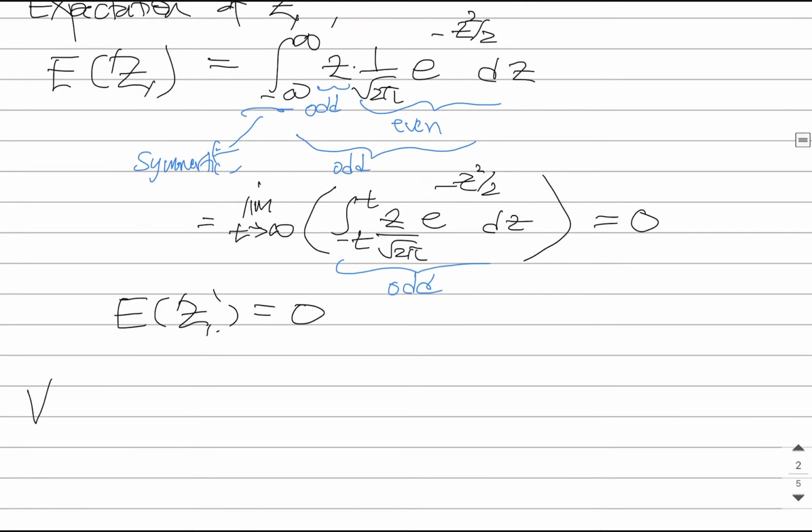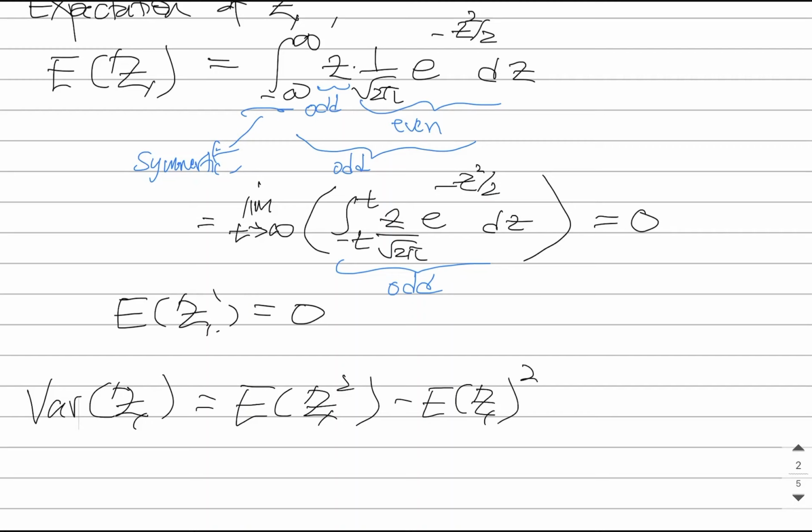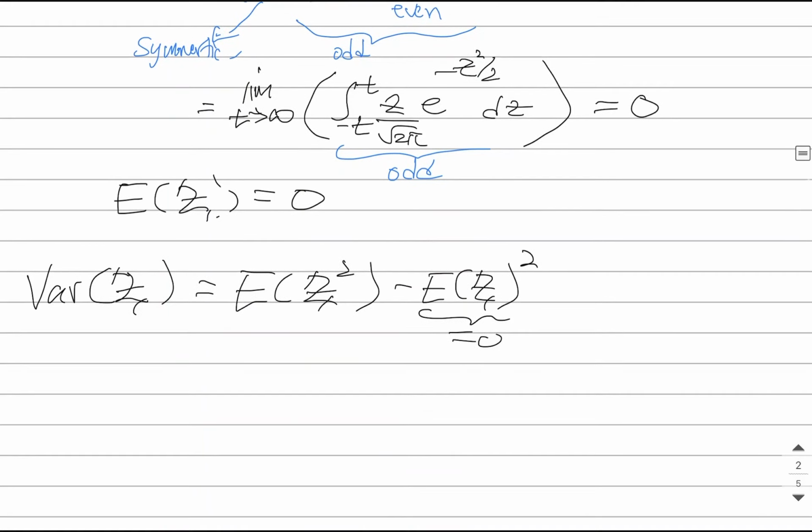Now, the variance, as always, is defined as the expected value of Z squared minus the expectation of Z all squared. Now, we already know that this is 0 from above, so it just remains to evaluate this portion.